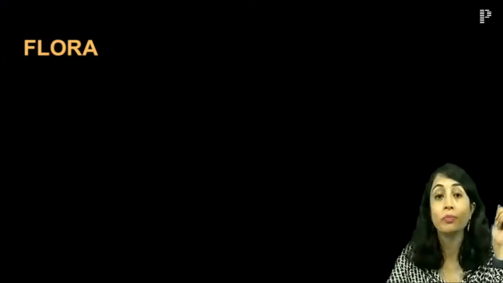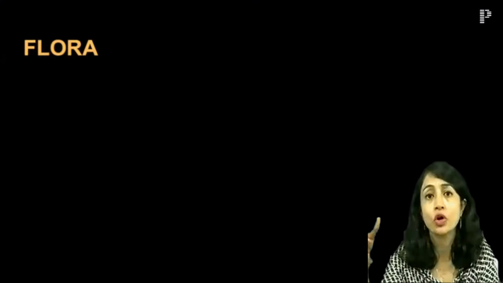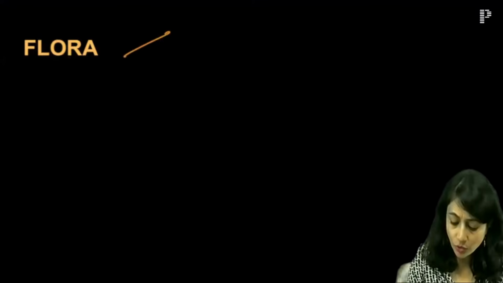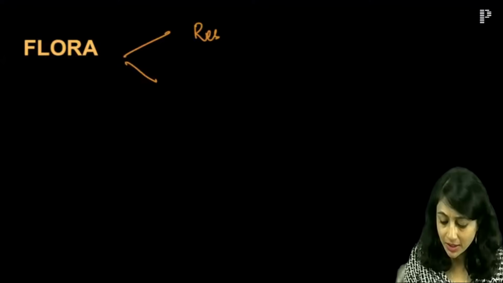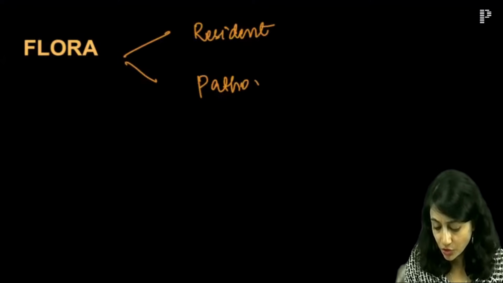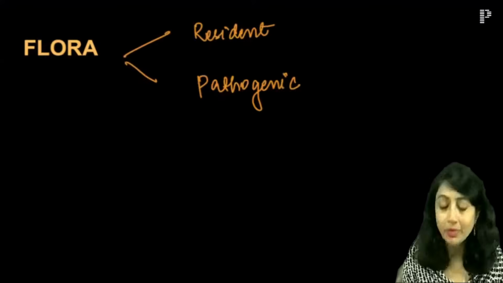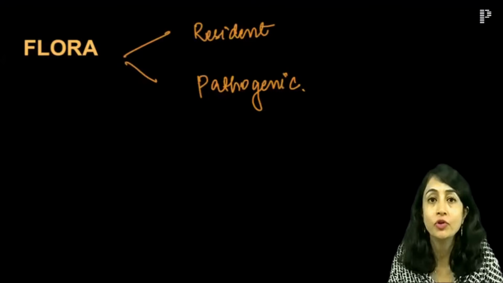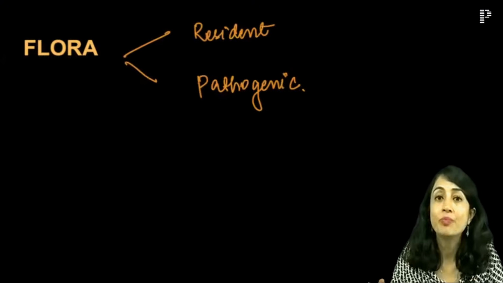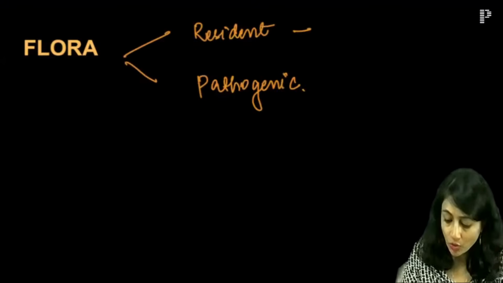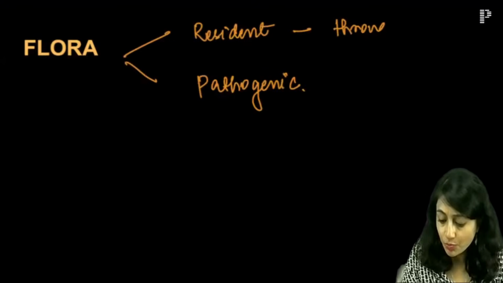When we talk about bacterial infections of the skin, first we should know what the normal flora of the skin is. The flora is of two types: resident flora and pathogenic flora. Resident flora is present on my skin throughout, and it is protective.